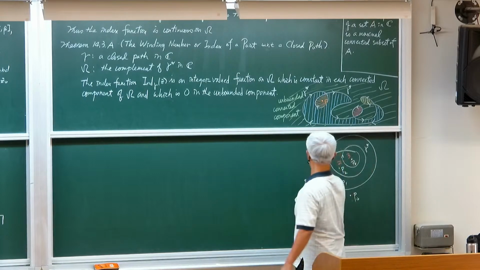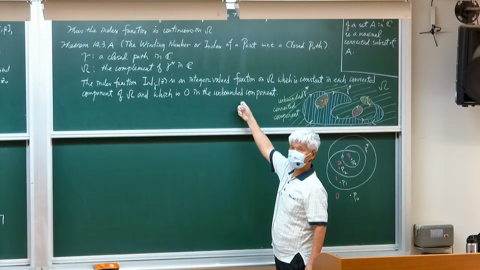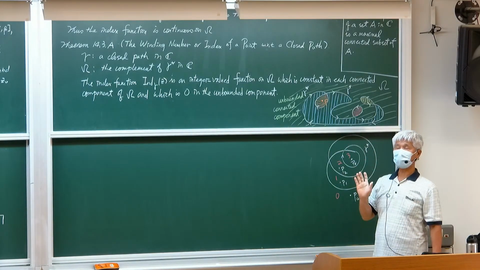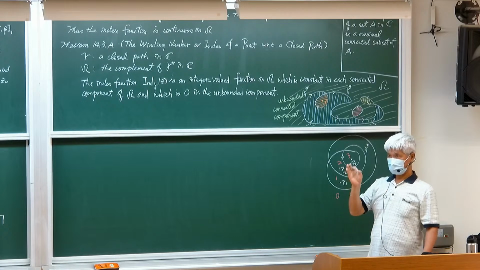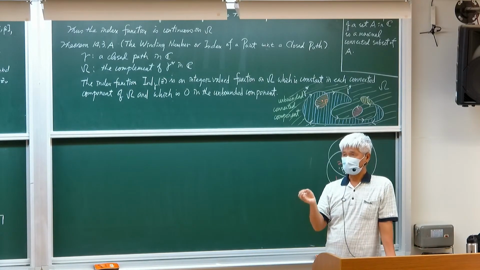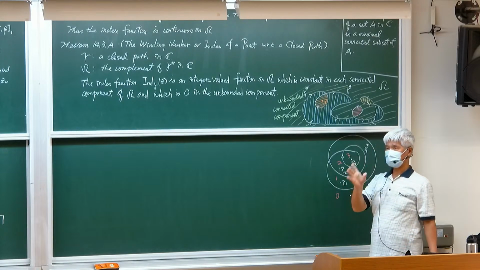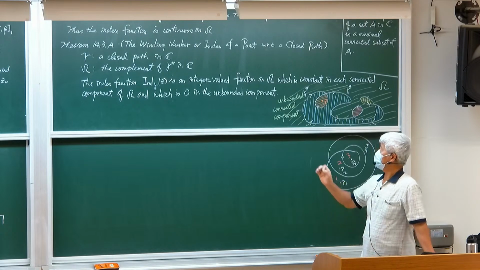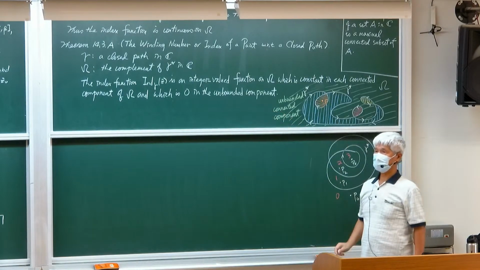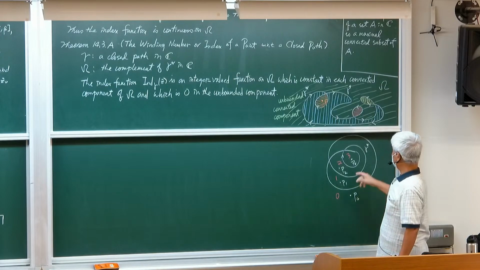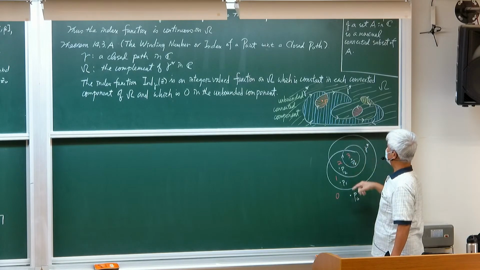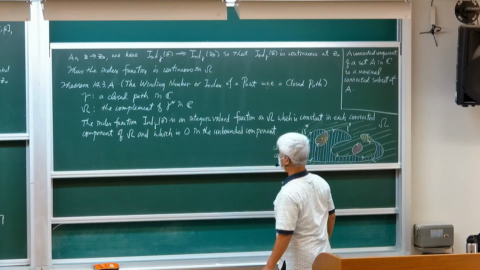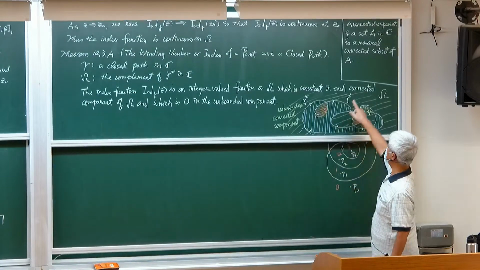So this conforms to the theorem, because the point here is in the unbounded connected component, and the index or winding number of a point P in the unbounded connected component should be 0, as stated in the theorem here. Even though we know that the index function is integer valued and constant in each connected component.